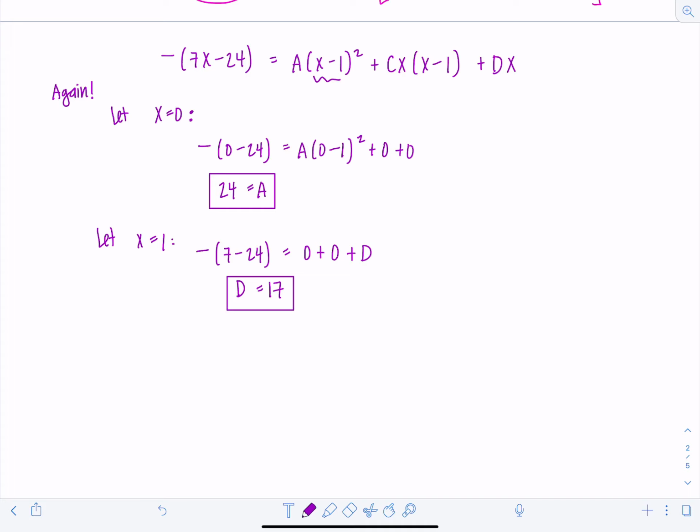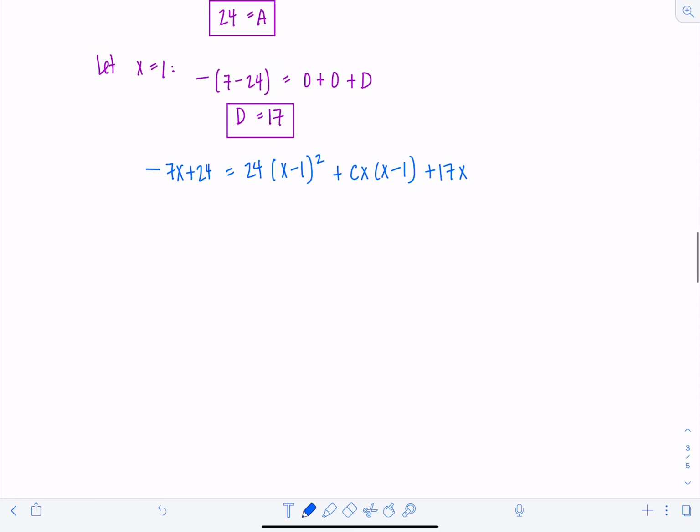We've got to do this one more time, guys. I know. So we have negative 7x, let me distribute this, plus 24 equals, I know a is 24 now, times x minus 1 squared, plus cx times x minus 1, that's the one I still don't know, plus 17x. Okay, so these guys get moved to the left-hand side one more time.